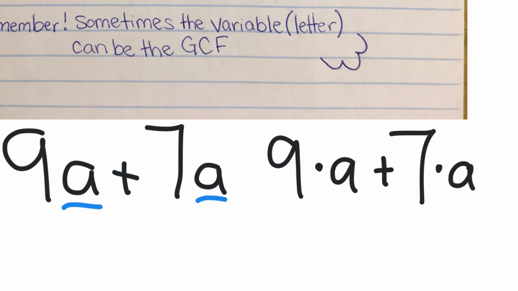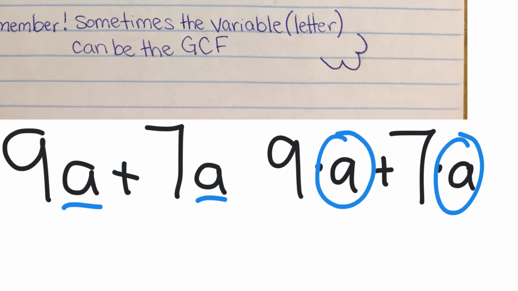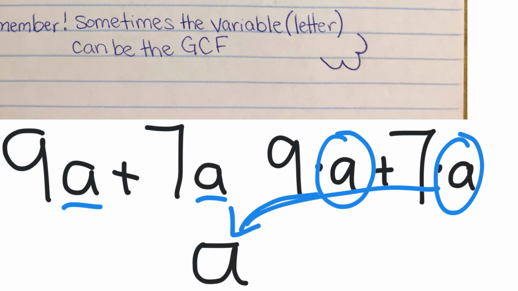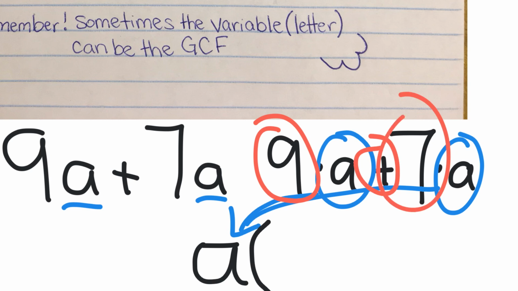And what we'll do is we take our common factors, just like step 2, take our common factors out, put it on the outside of the parentheses. So a is on the outside of the parentheses, and inside the parentheses is whatever we have left over. So our 9, our plus, and our 7. So we bring those down.